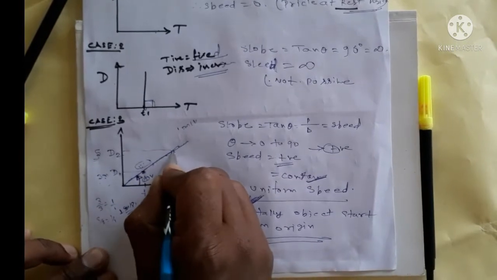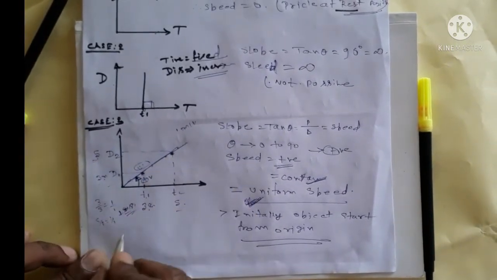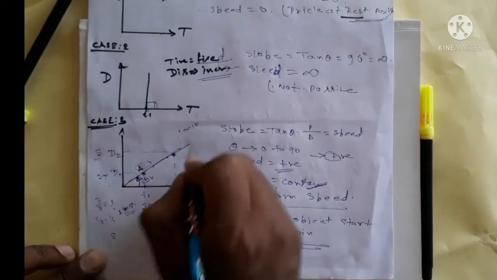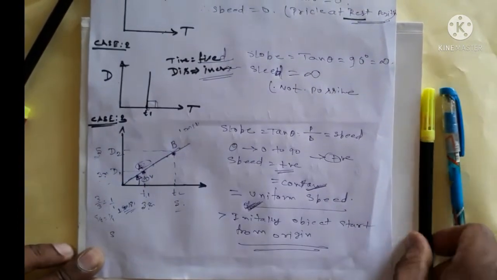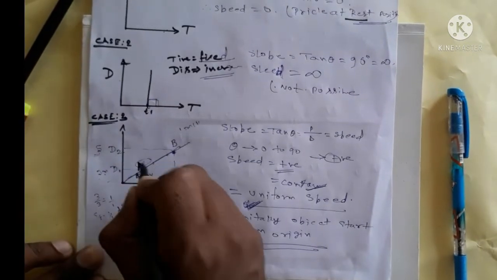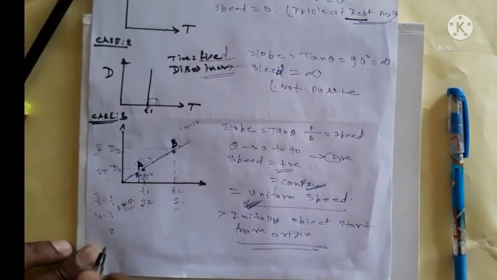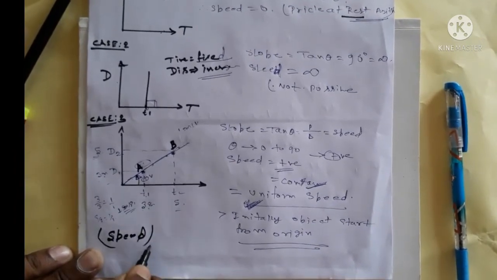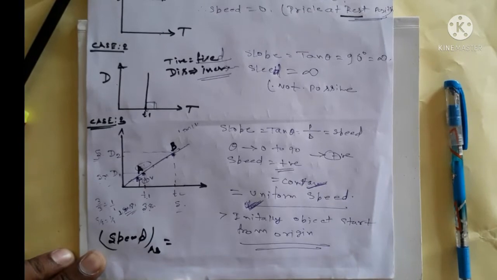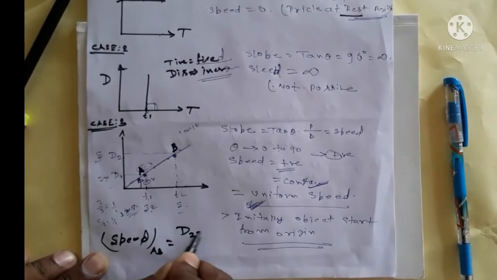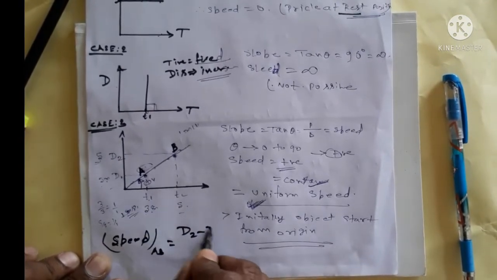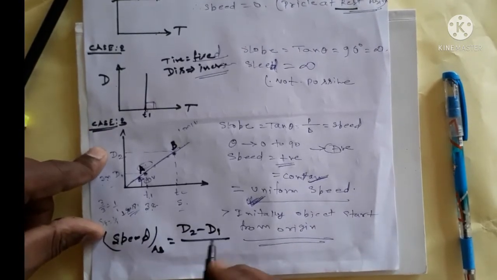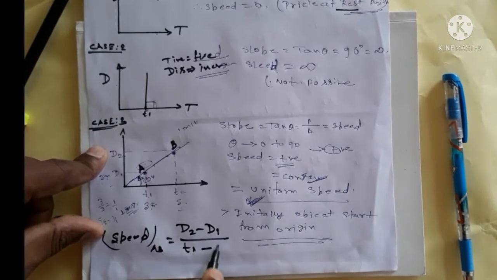Here the speed from this point to this point can be written as follows. Suppose this point is A and this point is B. So the speed of AB can be written as d2 by d1... by d2.